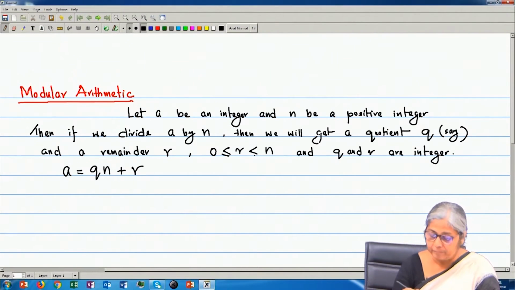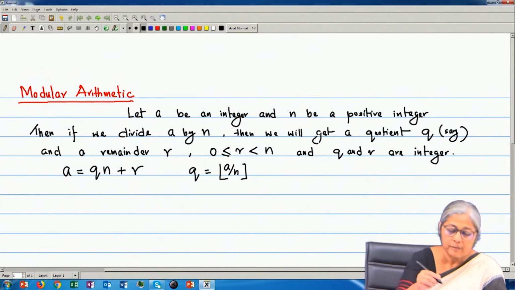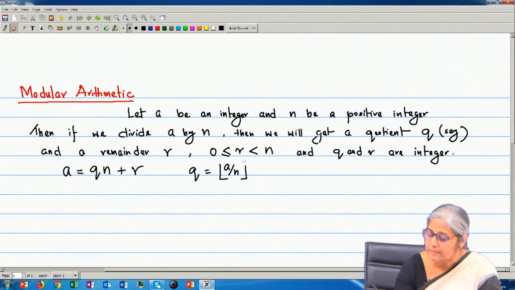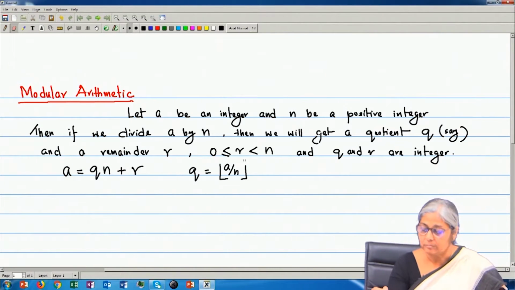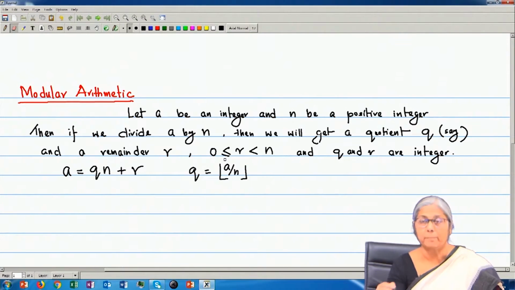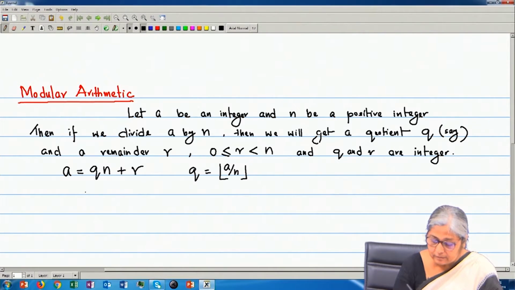And q is floor of A by n. Earlier we defined floor as the largest integer less than or equal to A by n. So, I can write A equals floor of A by n, times n, plus r.